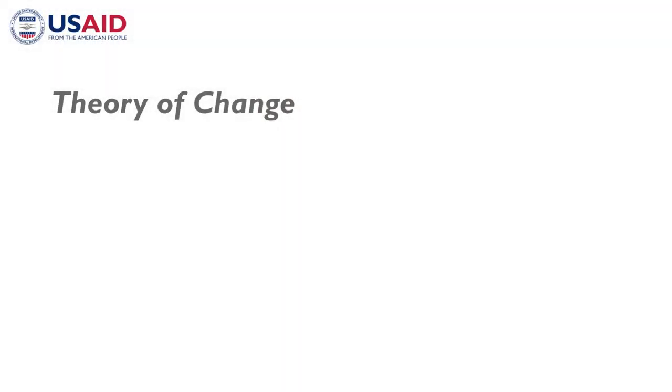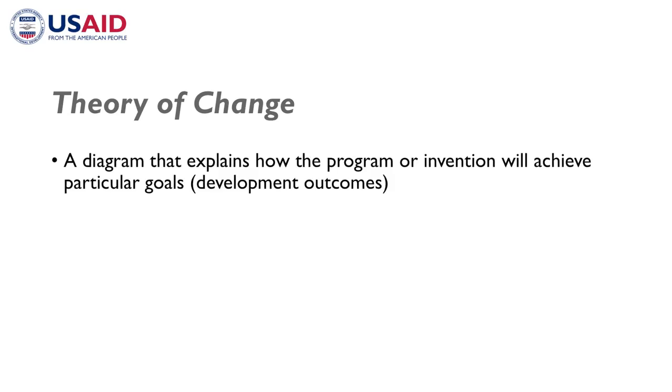I want to spend just a little bit of time talking a bit more about the theory of change, because it's really critical for understanding, in particular, how we design and implement evaluations. So a theory of change, which USAID also uses a framework called the results framework, but we're going to focus here on a theory of change, is a diagram that explains how you go from the project's inputs and activities to outputs to outcomes, and finally development outcomes, which we sometimes also call impact of our projects.